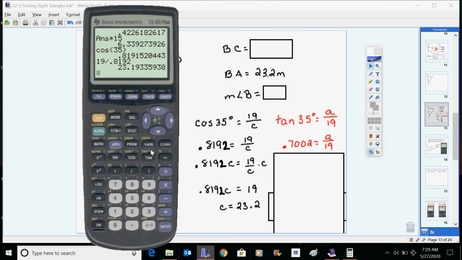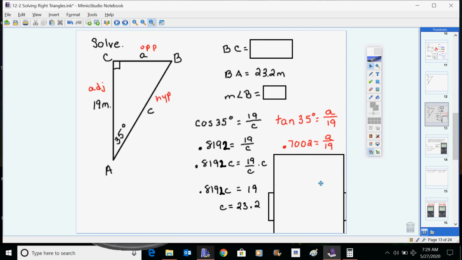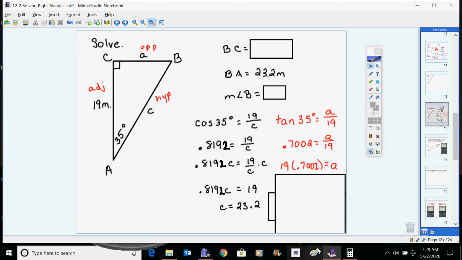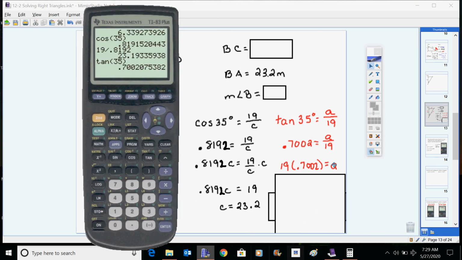So we're going to do tangent of 35, 0.7002. Then we need to multiply both sides by 19. This one is the one where you're not trying to move the variable up or anything like that, so you can just do that one.